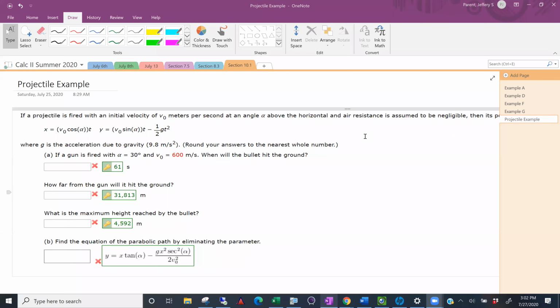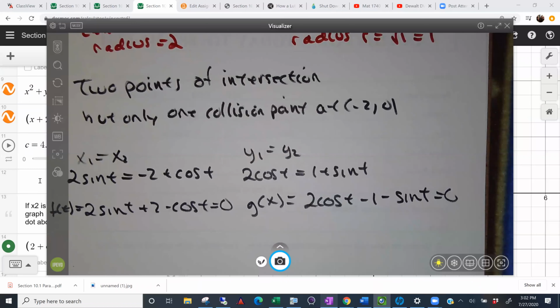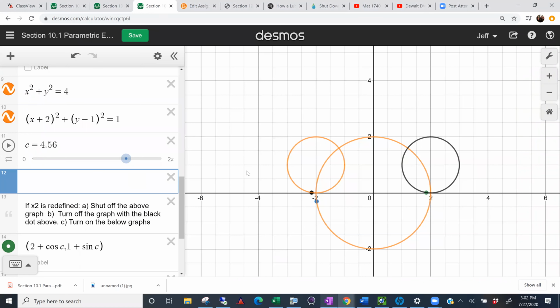Oh, what was the other point when we did all that? So there's actually only 1 point in the interval 0 to 2 pi, and that was 3 pi over 2. The other solution didn't turn out to be in that interval. So in the interval 0 to 2 pi, there's only 1 collision point.